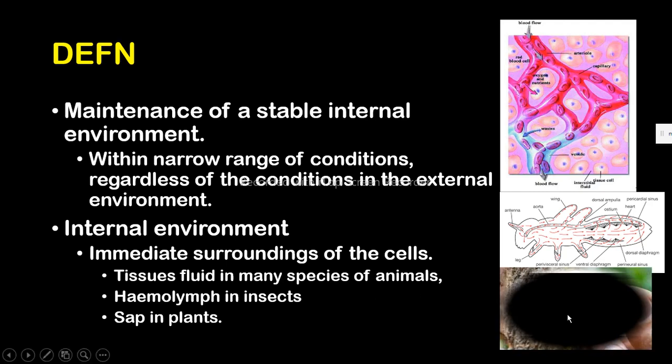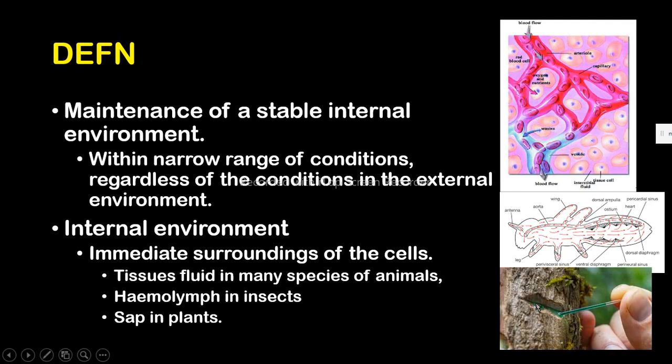Then you have the sap in plants. The sap transports manufactured food throughout the plant, so it should also be maintained constant. Think about why, and how it is maintained constant.